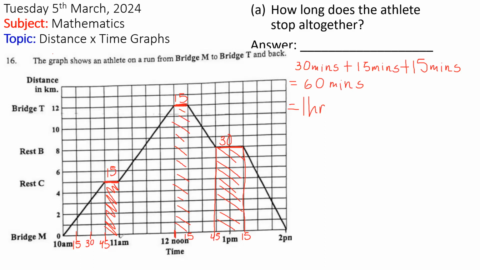Then the next stop is 12, so that'll be 15 minutes. And then the next stop is 12:45 to 1:15, and that'll be 30 minutes. Then you add them all up together. 30 plus 15 plus 15 gives you 60 minutes, and 60 minutes is an hour. So that's how you get your 1 hour. Okay, very good.